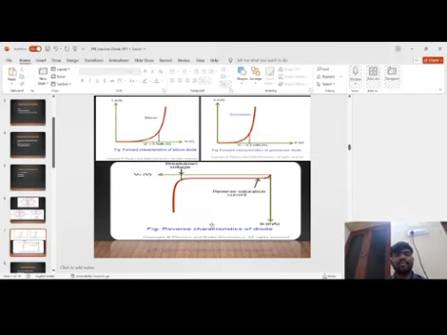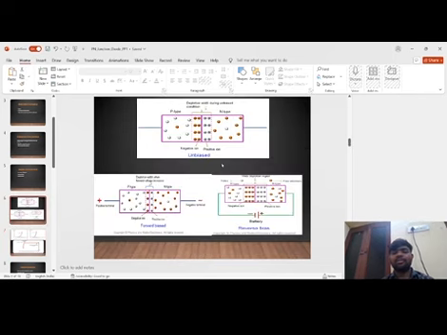In reverse bias, current is almost zero, except for small leakage currents. In reverse bias condition, a small leakage current will flow because of minority carriers.